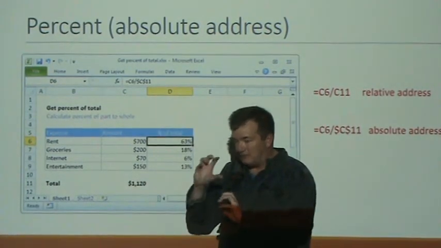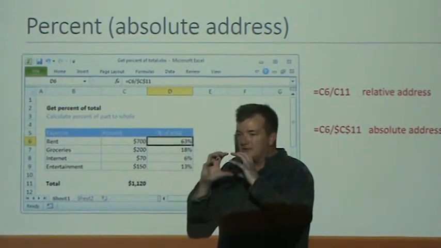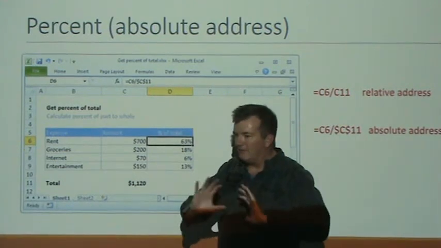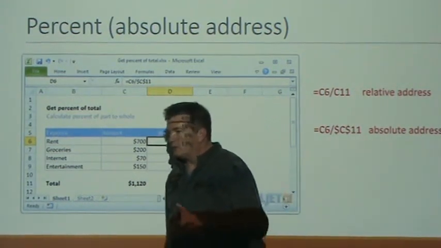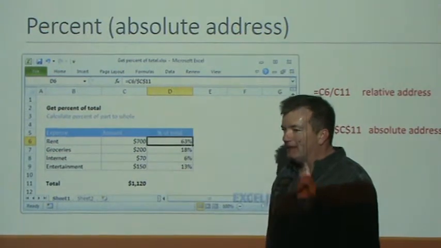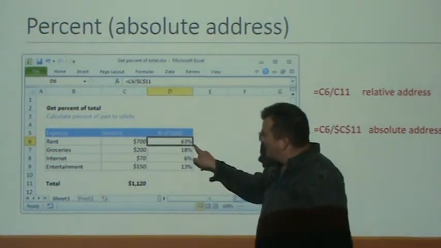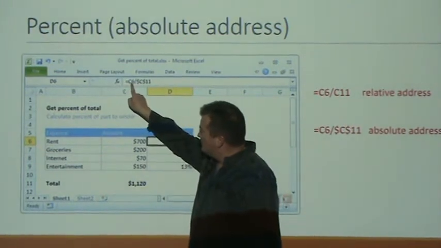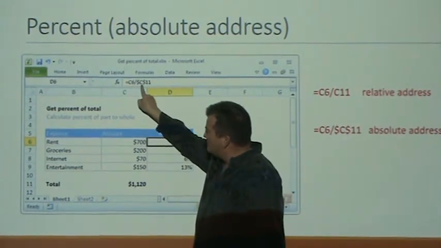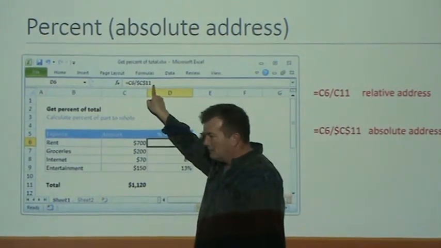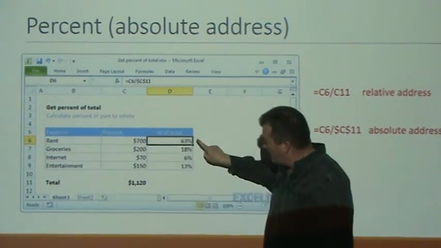That means if this formula gets copied, this address, C11, should never change because it's an absolute address, not a relative address.